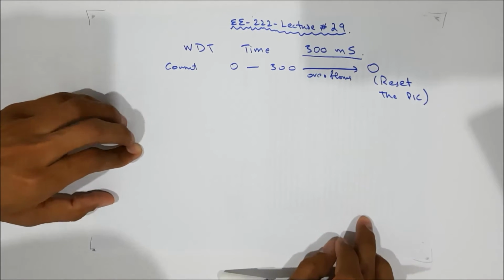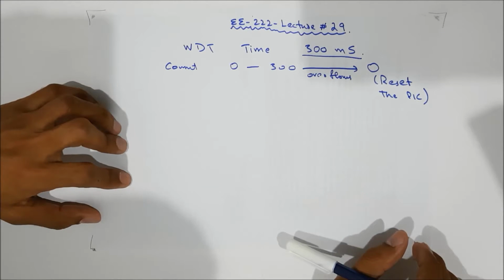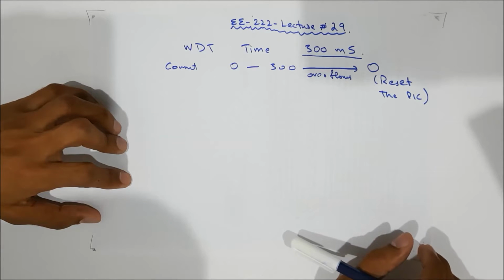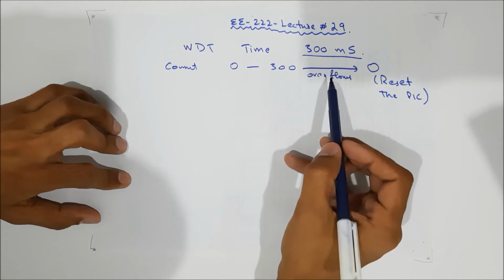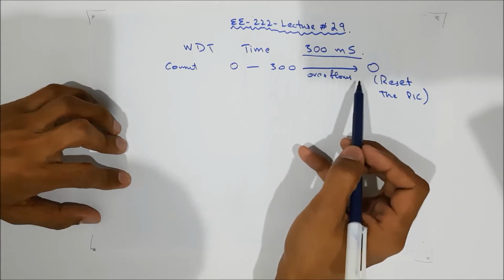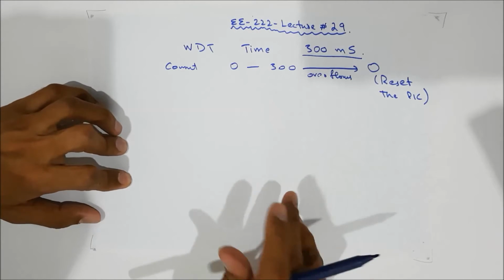So what is the purpose of this timer? If due to some error or disturbance or noise, your program gets stuck in an infinite loop and does not come out of it at the desired point, the watchdog timer is already running in the backend, and it will reset the microcontroller once it overflows.